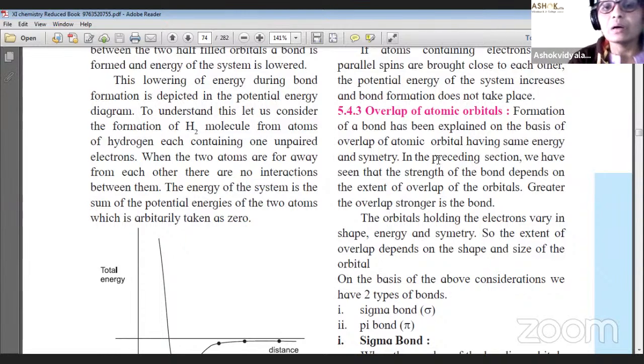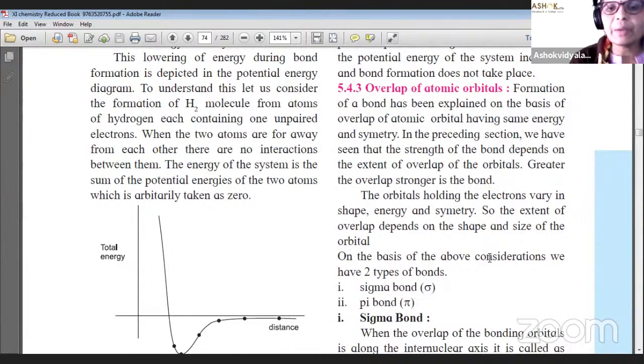The orbitals holding the electrons vary in shape, energy and symmetry. So the extent of overlap depends on the shape and size of the atomic orbitals. On the basis of the above consideration, we have two types of bonds.